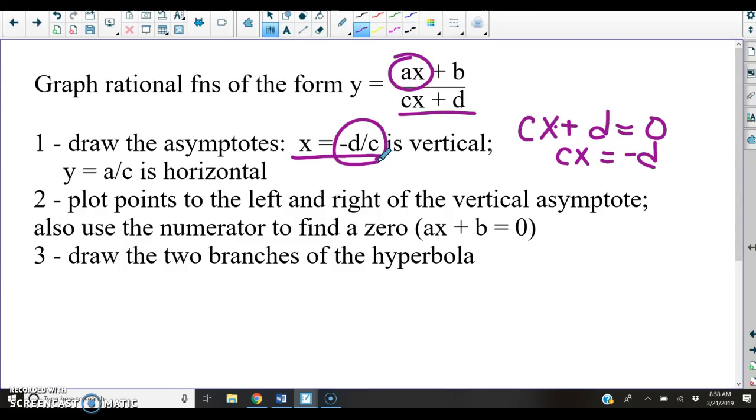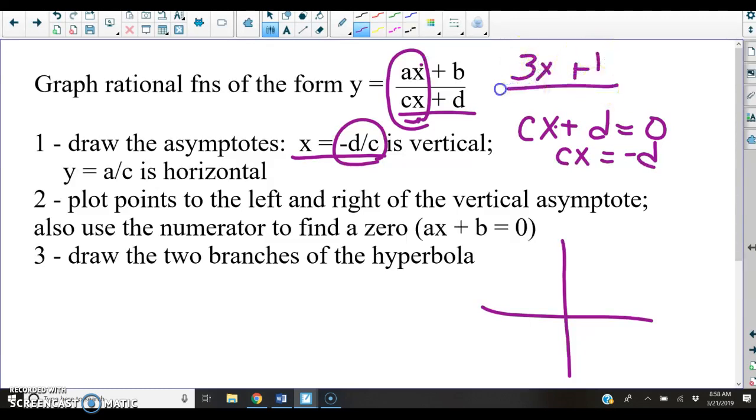The horizontal asymptote we get from dividing a by c. Eventually x is going to be really, really big or really, really small as the extremes. We don't know what's going on in the middle, but at the extremes, when x is 1,000, maybe we have 3x plus 1 over 2x minus 7.